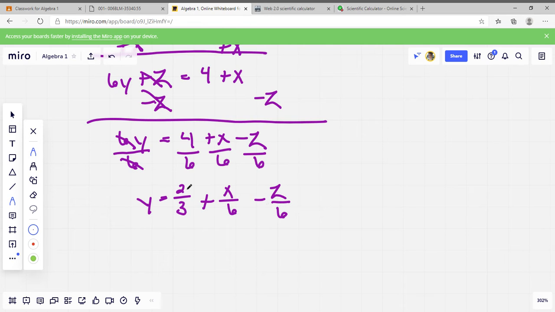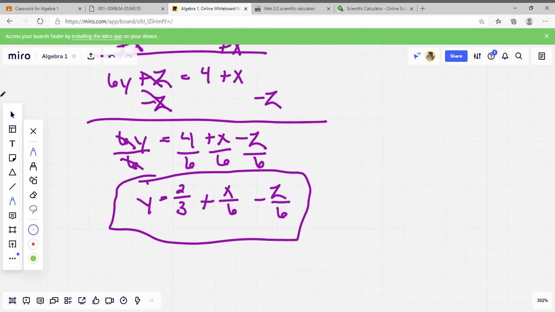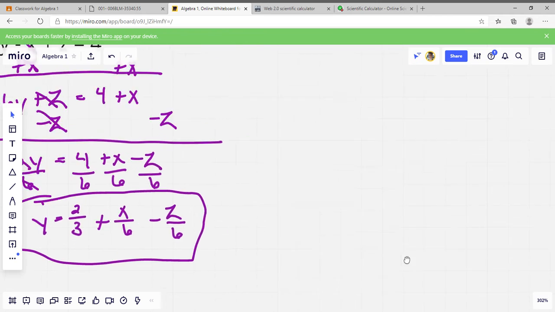So you're not going to come up with just one answer, one thing that y equals. y is going to equal more than one thing on most of these problems. So that's the answer to this one.